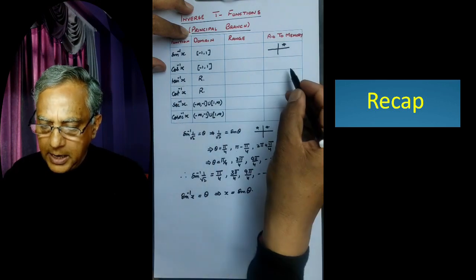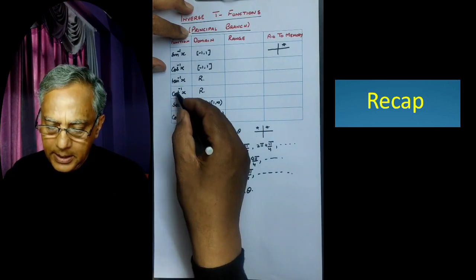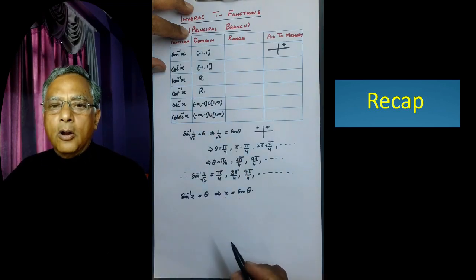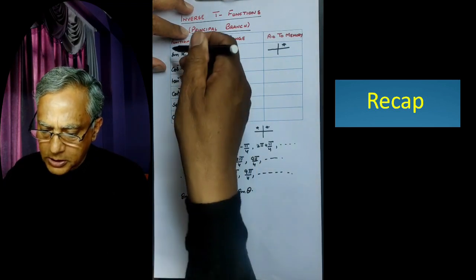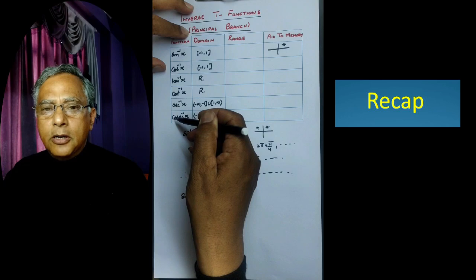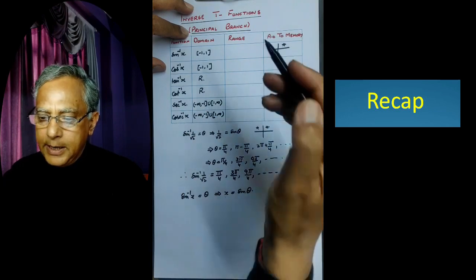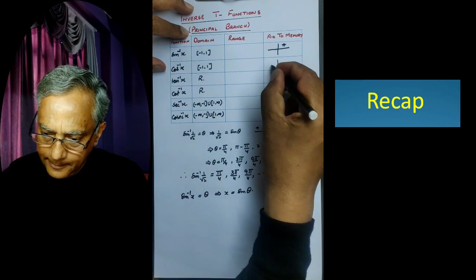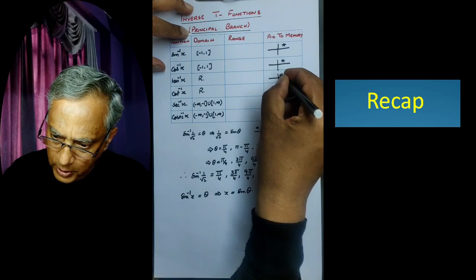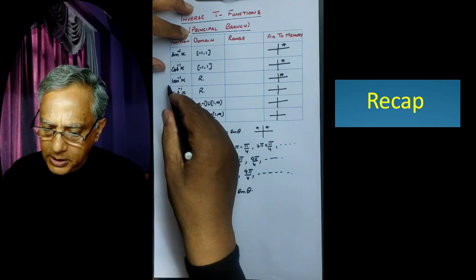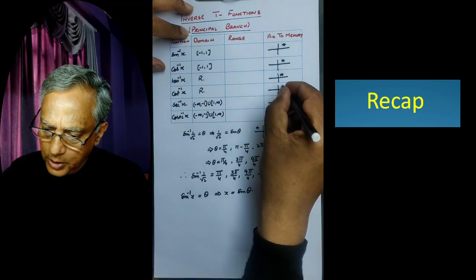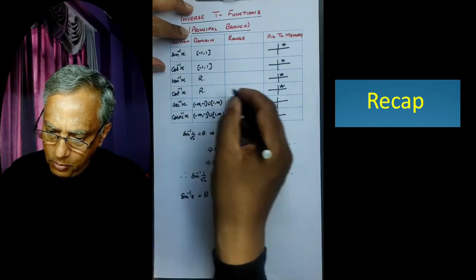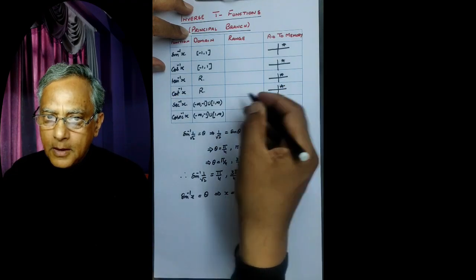If x is positive, tan inverse will lie in the first quadrant. And similarly for others. If x is positive, all these inverse trigonometrical functions will lie in the first quadrant. If x is positive, cotangent inverse will lie in the first quadrant.